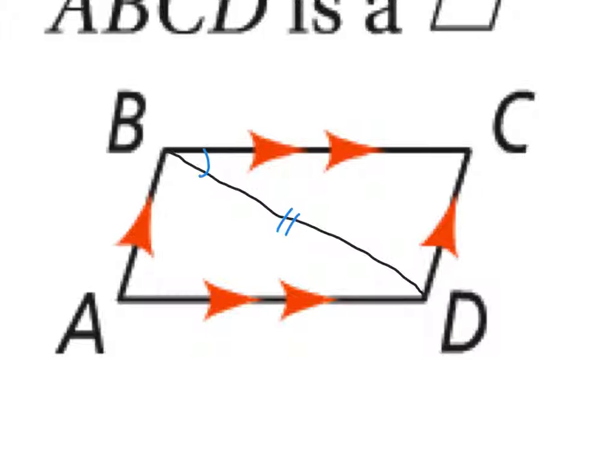I know that this angle is congruent to that angle because they're alternate interior angles. They are alternate interior angles, so they must be congruent because they have parallel lines. This angle is congruent to this angle, again, because they're alternate interior angles, because of the other set of parallel lines. You guys with me on that? That means that this triangle over here and this triangle over here must be congruent to each other by angle side angle.